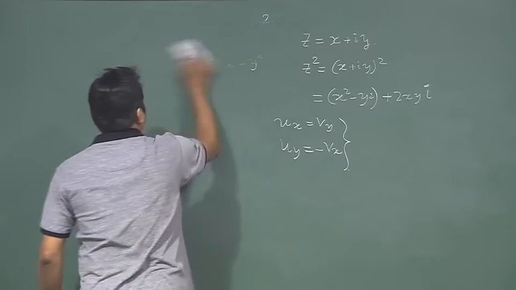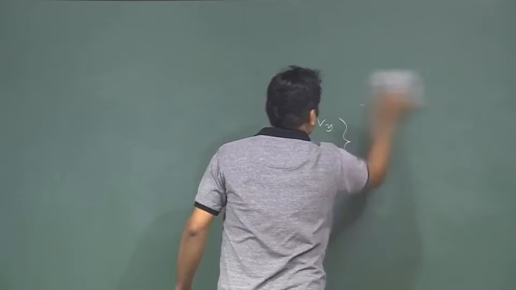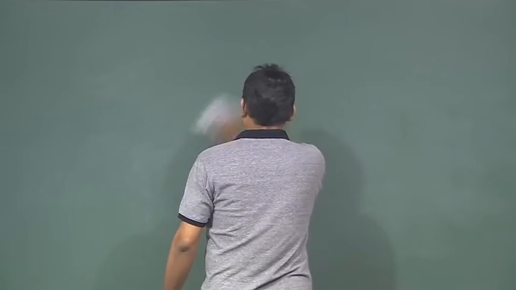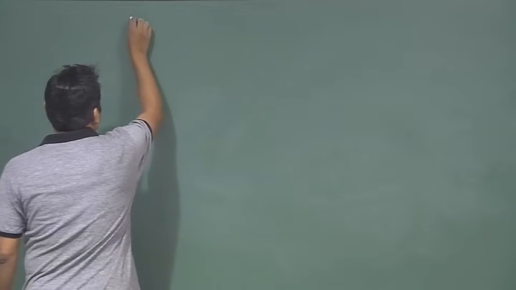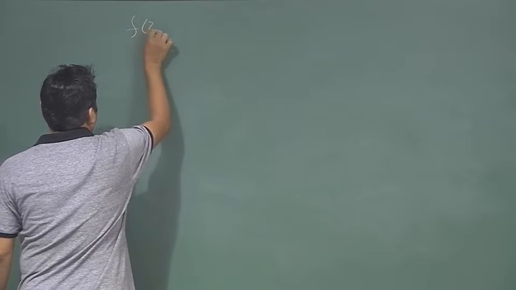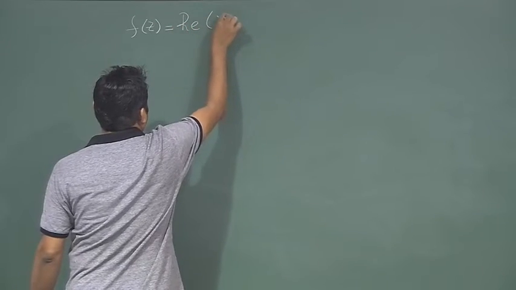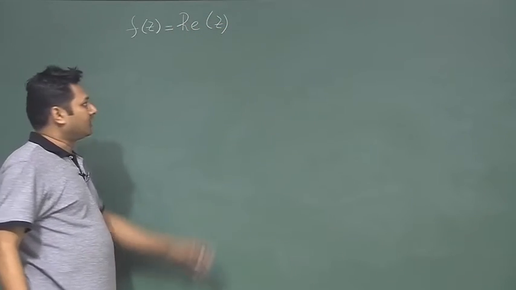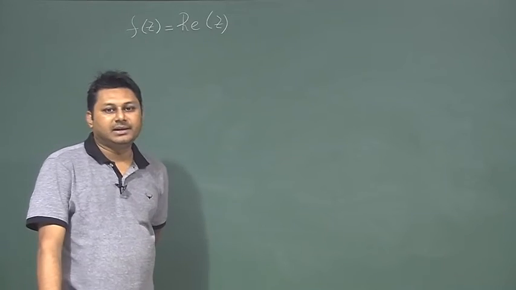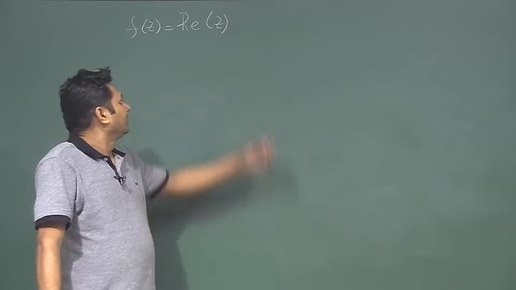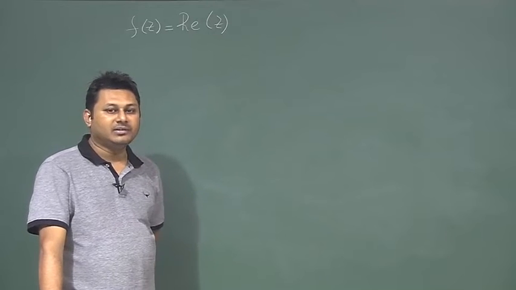After that, let us give some example. If f is the real part of z, if somebody gives you this, what is the meaning of that?